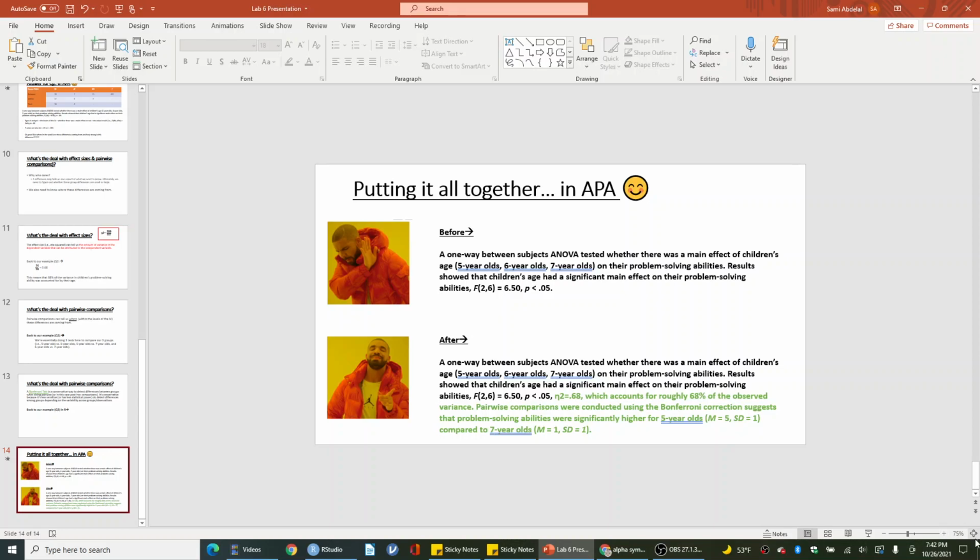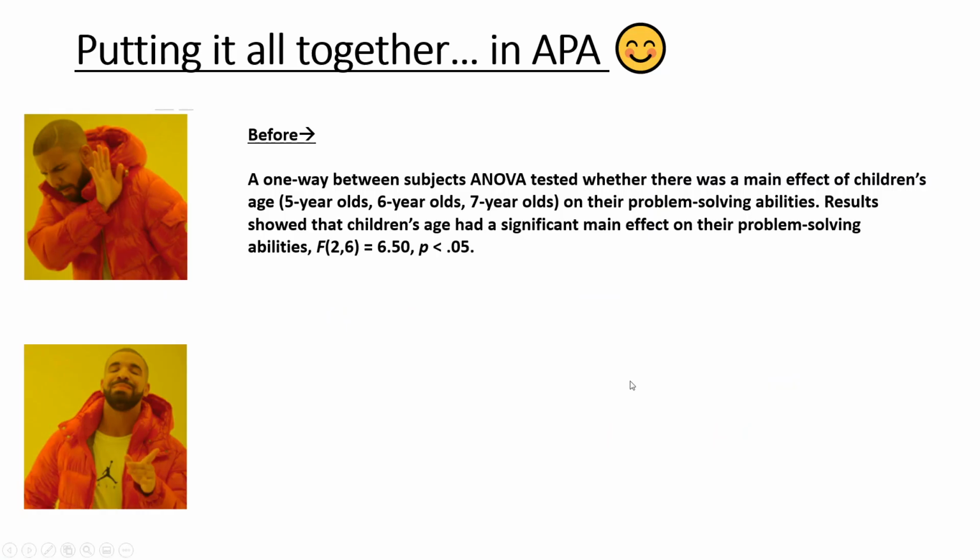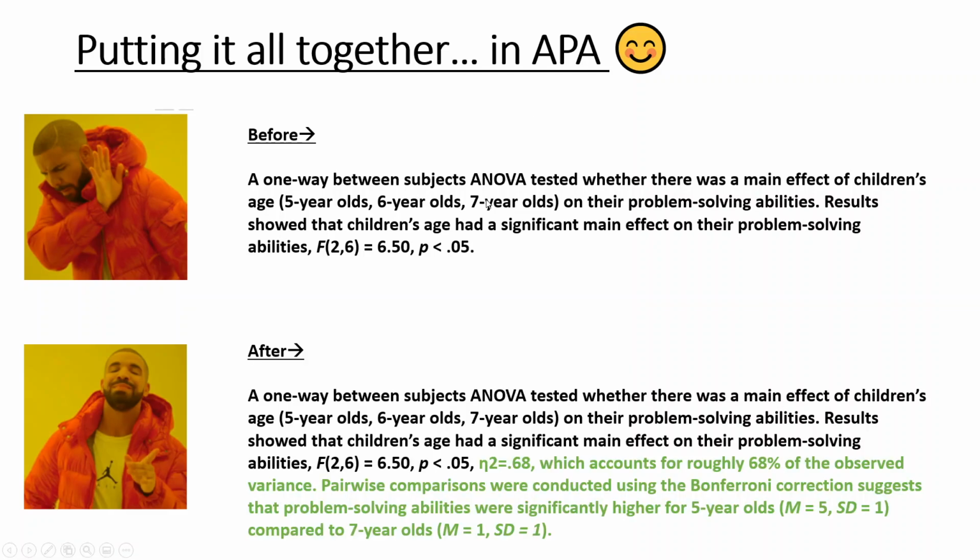Excuse the terrible memes, you guys, but before this is what we had, right? We didn't even have the partial eta squared here. But now we have all of that and more, and it tells the reader so much more.